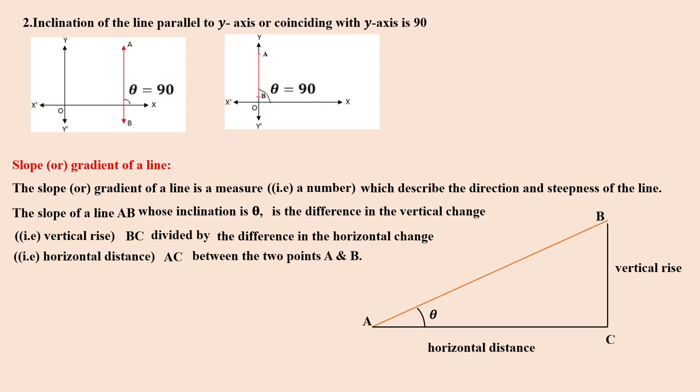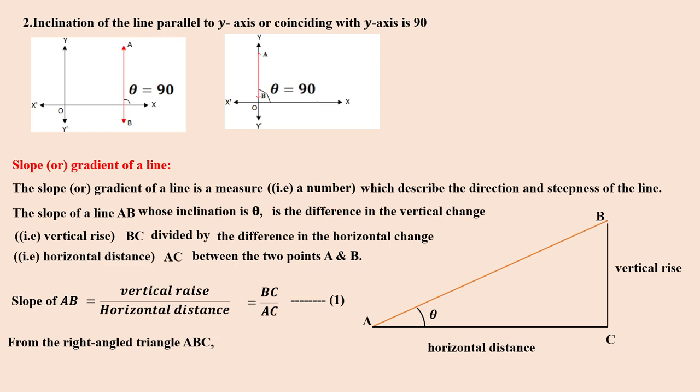So between the 2 points A and B, A and B lie on the line. AB is the line, right? So slope of AB is equal to vertical rise by horizontal distance, that is equal to BC by AC. That is equation number 1. From the right angle triangle ABC, angle C is 90 degrees, right?